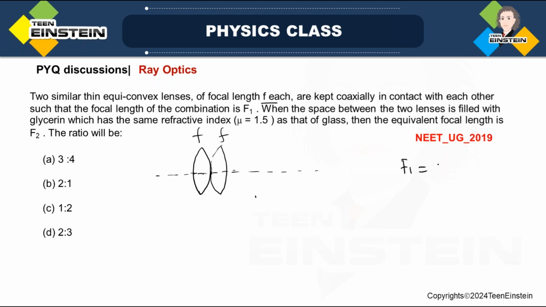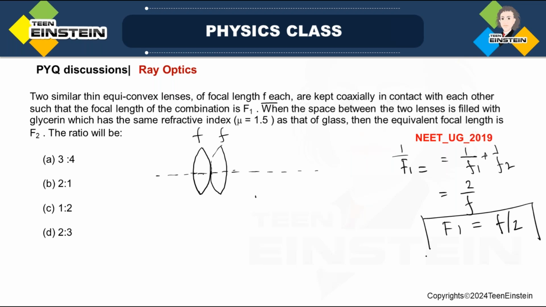See, 1 over f1 is equal to 1 over f plus 1 over f, or 2 by f. So f1 is equal to f by 2. So this is what we have got.